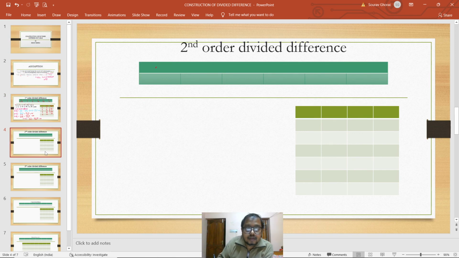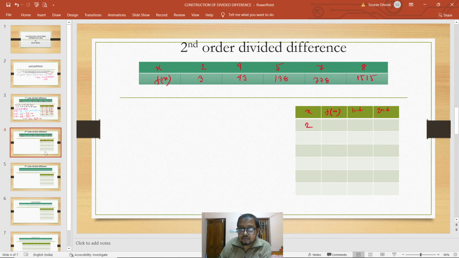Here we again write the values of x and f(x). These are 2, 4, 5, 7, 8, and the corresponding values of f(x) are 3, 43, 138, 778, and 1515. Here, the first column is the first order and the next is the second order.